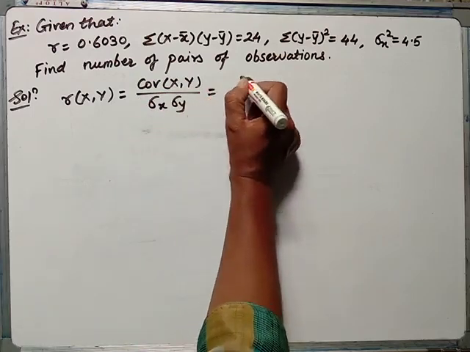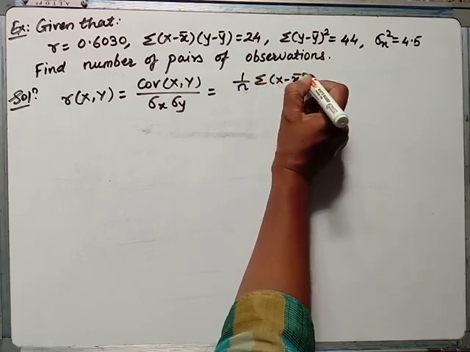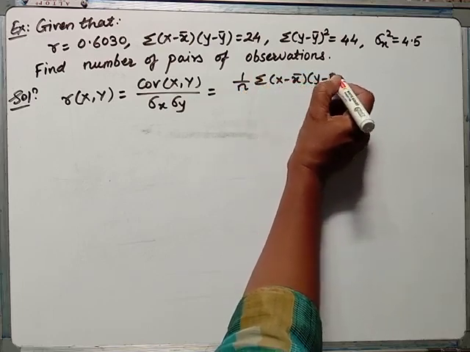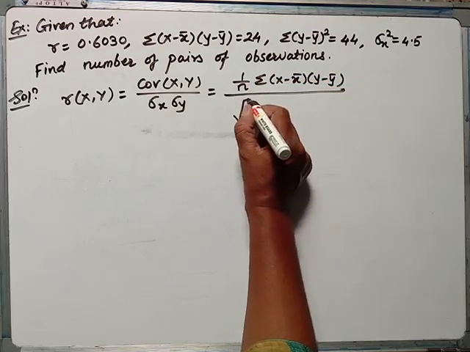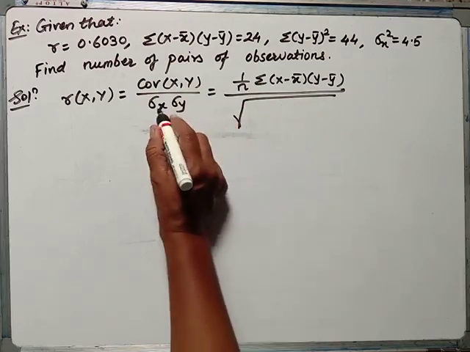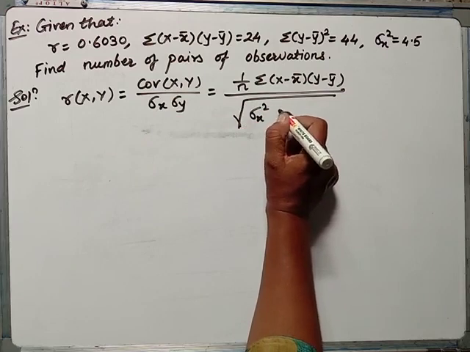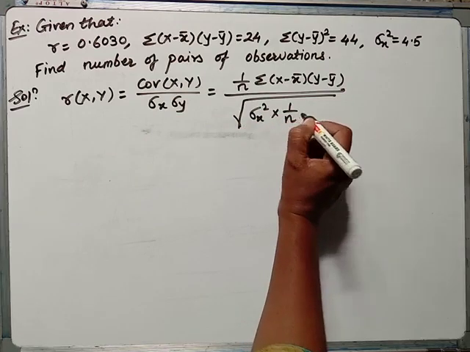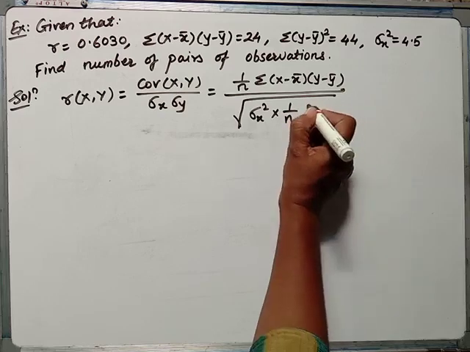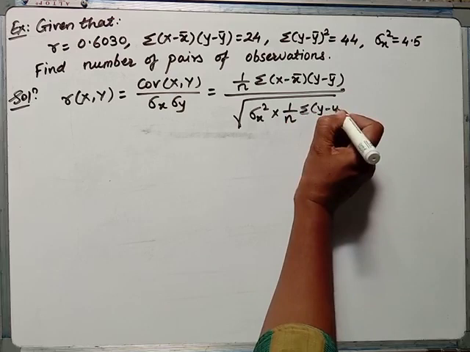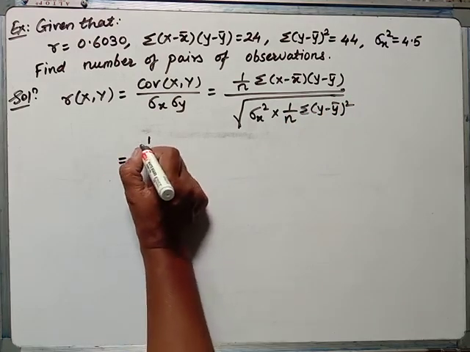So this is the same as 1 upon n summation of (x minus x bar)(y minus y bar) upon square root of sigma x square, and sigma y is in a square root, 1 upon n summation of (y minus y bar) square. Okay, so this is 1 upon n as it is.